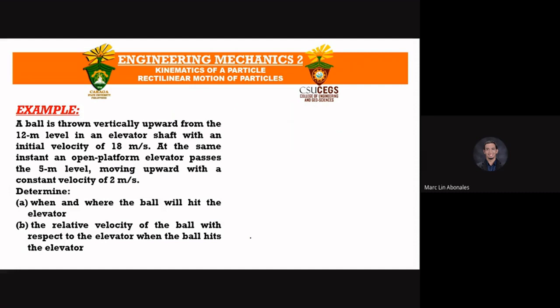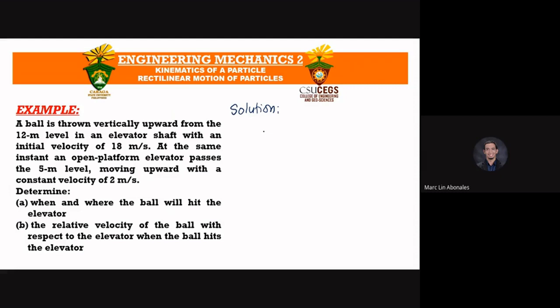So just a solution here, as you notice in this problem, before we determine the relative velocity, since this is relative motion, we need to determine the time and the final position of the ball that will hit the elevator, or kung asa ang ball and the elevator will meet.